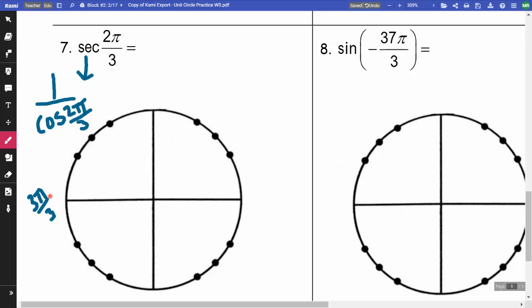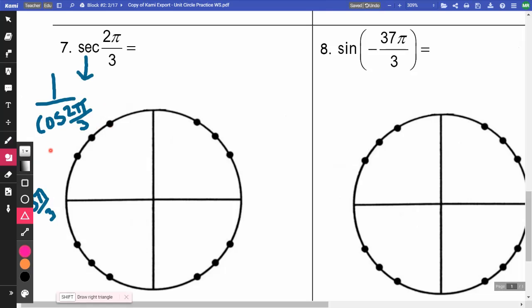And I want 2 pi thirds. So 2 pi thirds is going to be here. Okay, so I'm going to get my triangle. And I'm going to draw it. You see down here by the origin, you see it actually is giving me 60, and at the top it's 30. So that was giving me my 60 there.